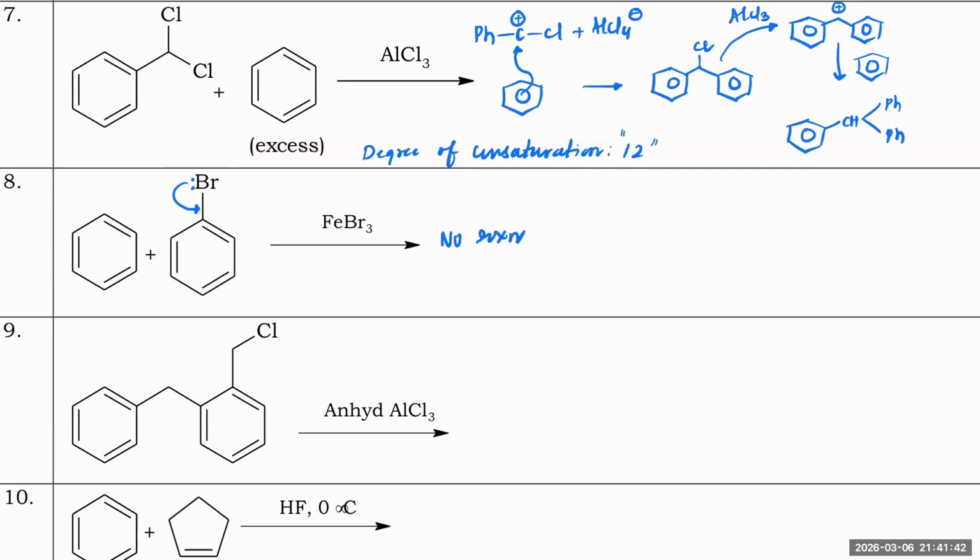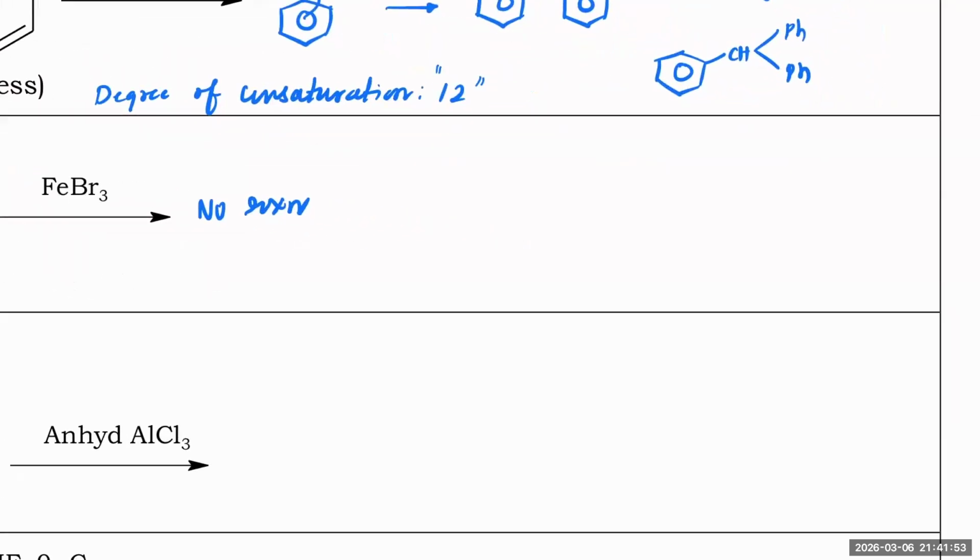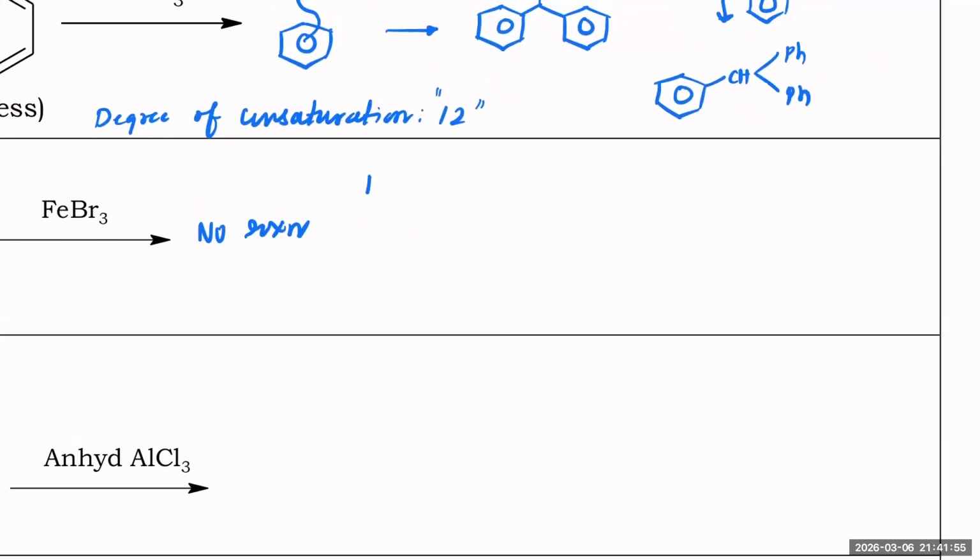Friedel-Crafts alkylation reactions cannot happen on vinylic positions and phenylic positions. Let me explain. Suppose you have a benzene and you are reacting with chlorine here in the presence of AlCl3, no reaction.